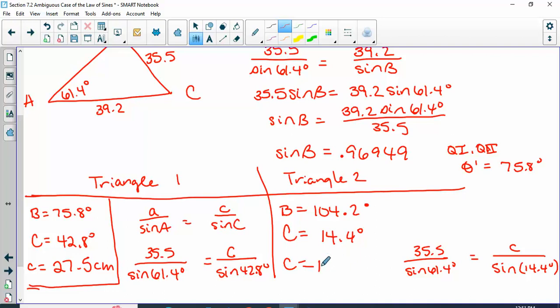And that gives me 10.1 centimeters. So quick check. Angle C is the smallest angle, is side C the smallest side? Okay, angle B is the biggest angle, is side B the biggest side? Yes. So this is the problem when we do in fact have two triangles that exist. So much more fun when there's two though.